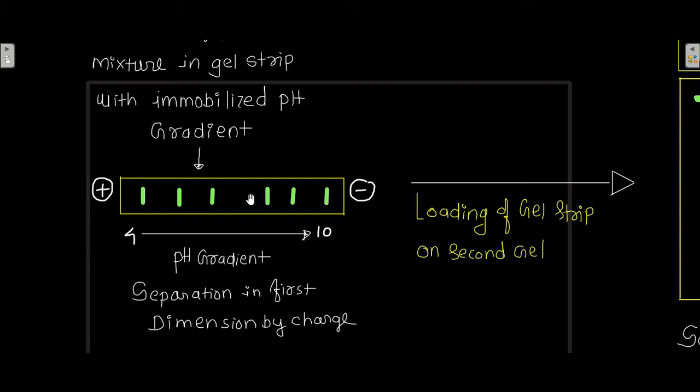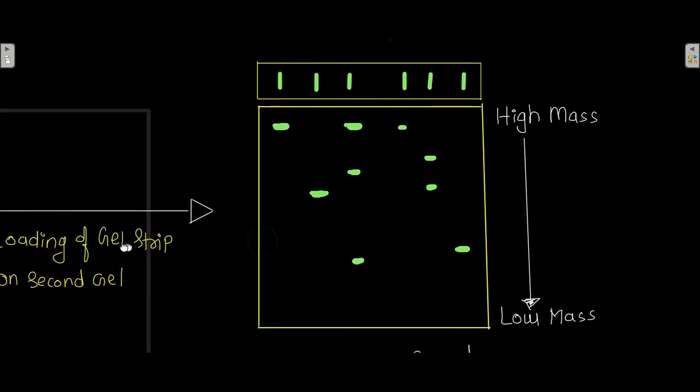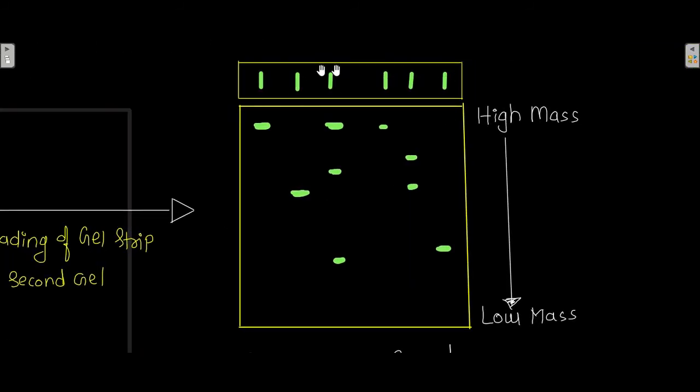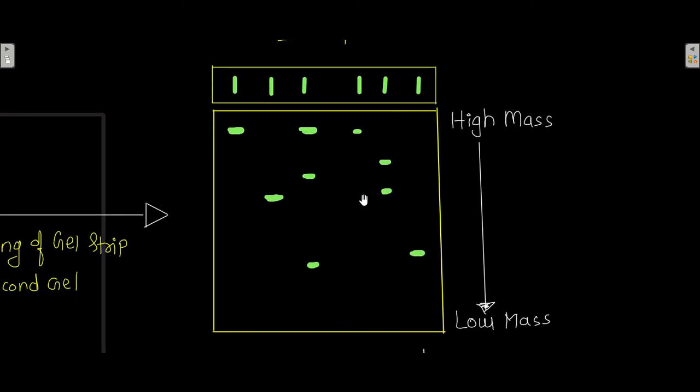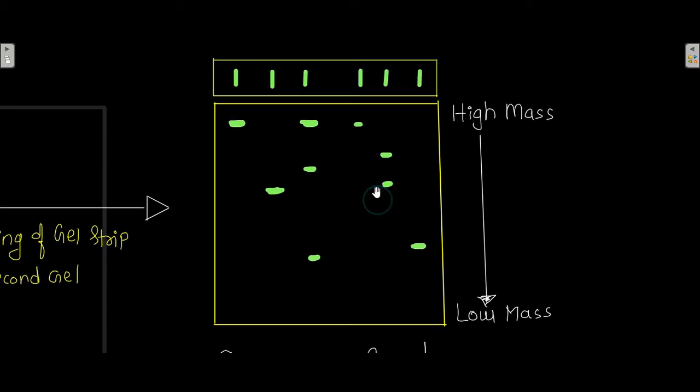After the separation according to the isoelectric point, this gel strip is applied to an SDS polyacrylamide gel. The separated proteins on the strip are then separated by SDS polyacrylamide gel on the basis of their molecular mass.